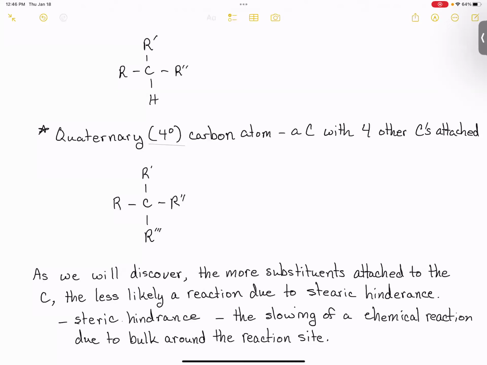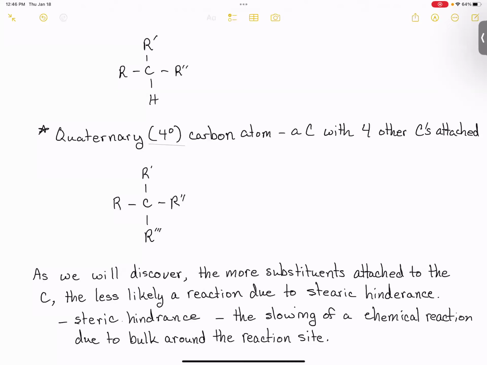What steric hindrance is, is a slowing of a chemical reaction due to simply having bulk around the reaction site. Think about it. You have carbon and all these hydrogens attached to it. It's like adding a ball on top of that carbon atom.